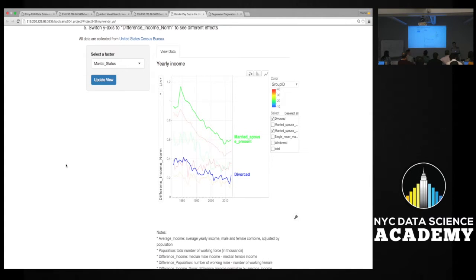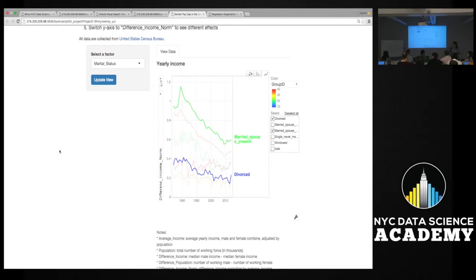Right, so the notional gender pay gap has the same money for the same job. Right, you're right. From this graph, we can't really say the husband and wife would have the same job position, but generally speaking, you can still see the difference between when they are married and when they're divorced.